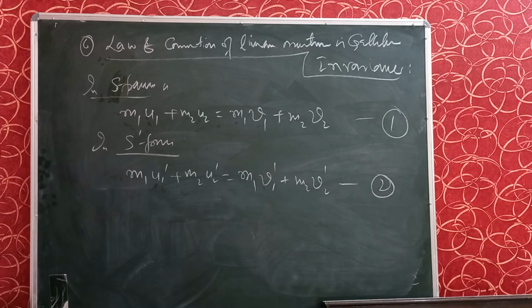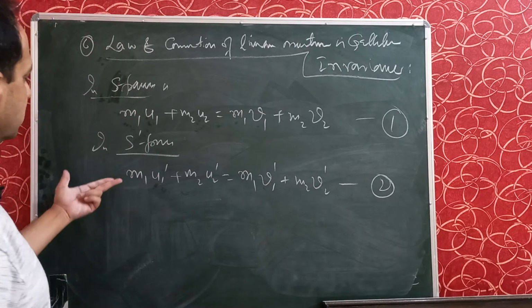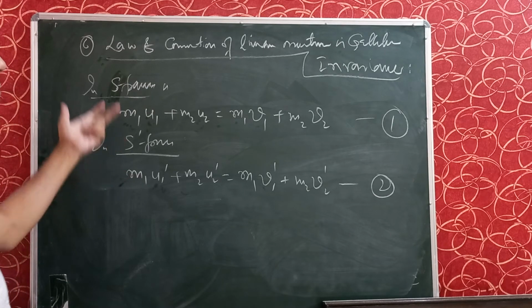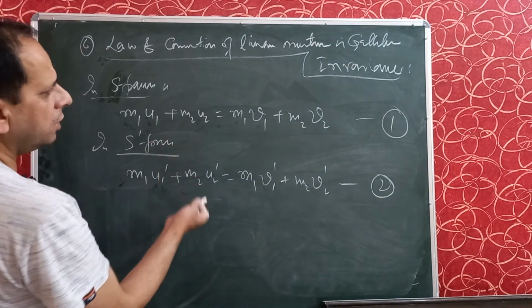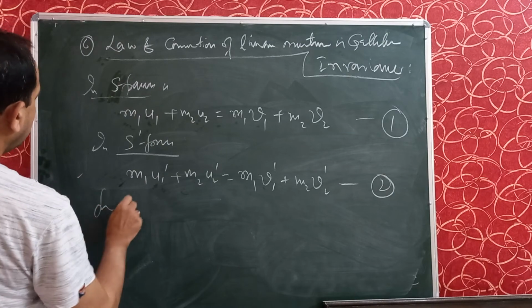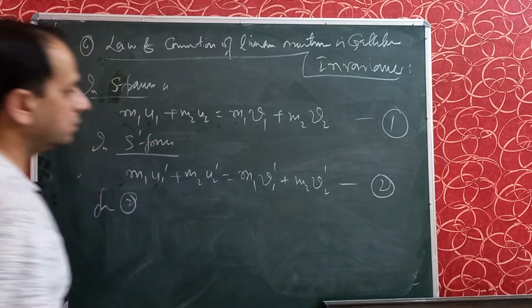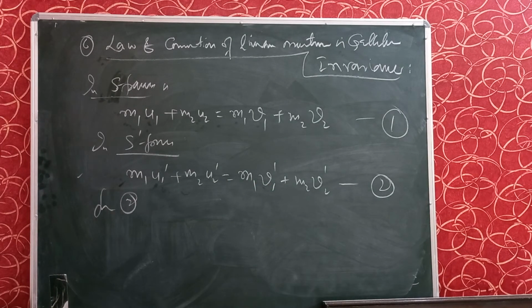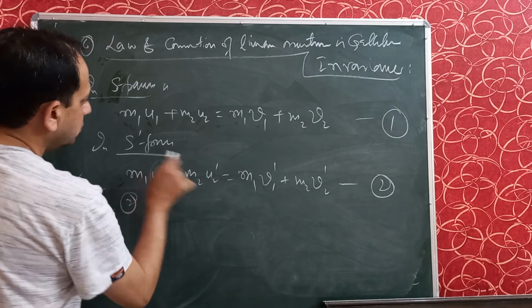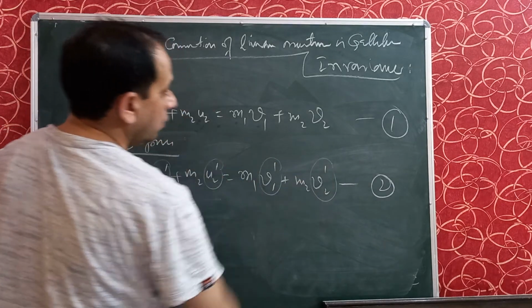Now our task is to prove its invariance, meaning both formulae are the same. We have to prove it. Now we can start from any one equation. Let me start from equation number two. This equation is in the dash frame, so I will convert this dash equation into one without dash by using the Galilean transformation equation for velocities, because dash appears in velocities.